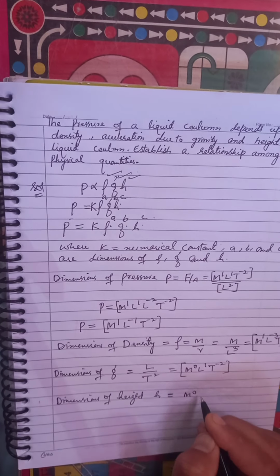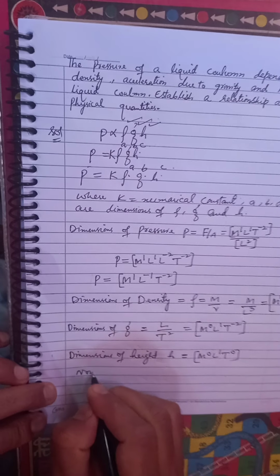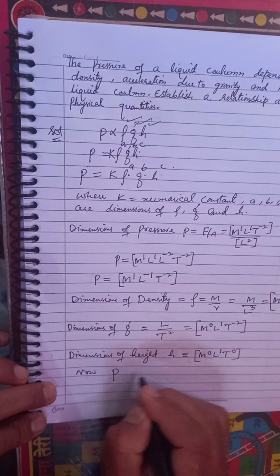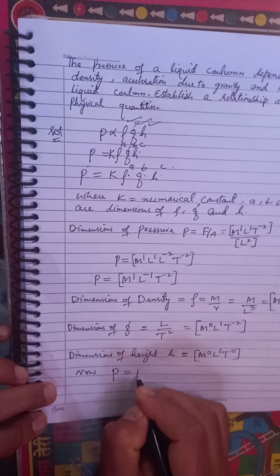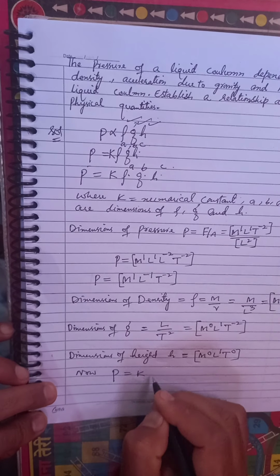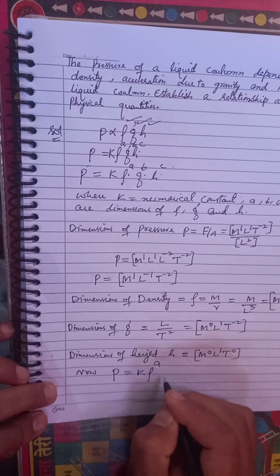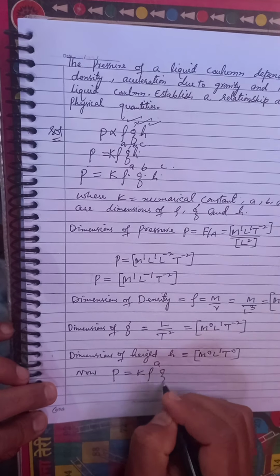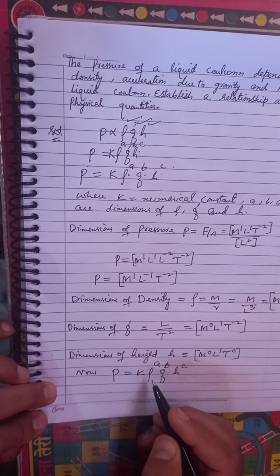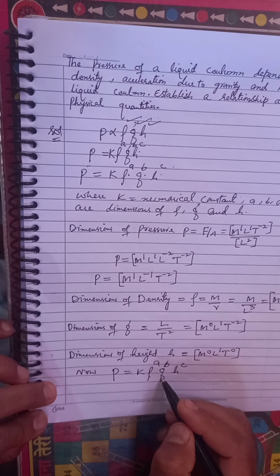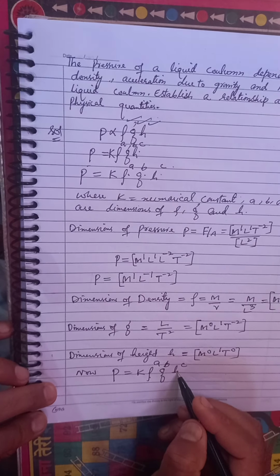Now we have the relation. The relation is: pressure of a liquid column is equal to K times, where K is the numerical constant, rho raised to power a, acceleration due to gravity raised to power b, and height raised to power c, where a, b and c are the powers of the dimensions of density, acceleration due to gravity, and height of the liquid column. So I will write the dimensions of each physical quantity.